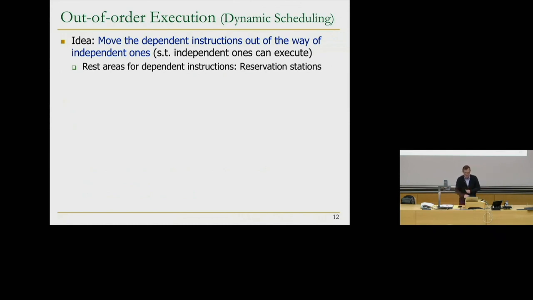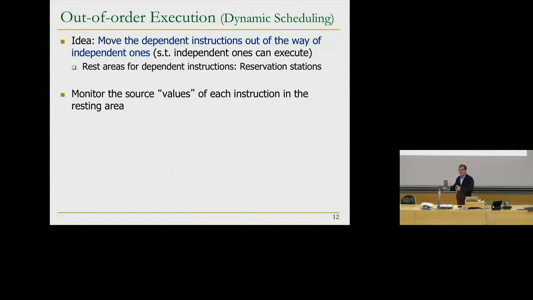Makes no sense. Exactly, the pipeline doesn't make sense. It doesn't make any sense if you're waiting for a dependency and no other instruction can go. So that's the first thing. While the instructions are sitting there in these rest areas or reservation stations, we're going to monitor the source values. Basically check if the source values are ready for this instruction.